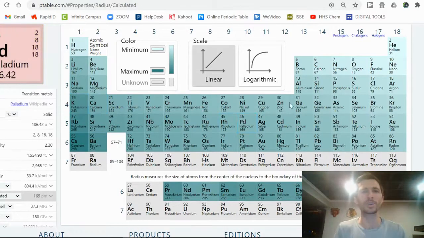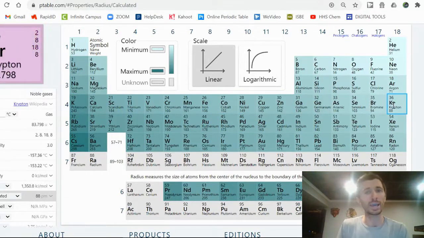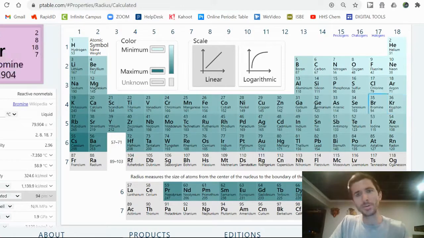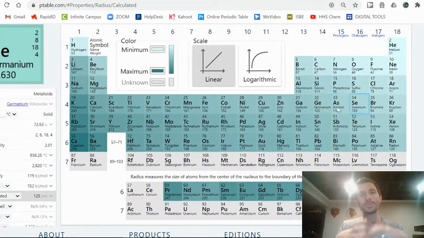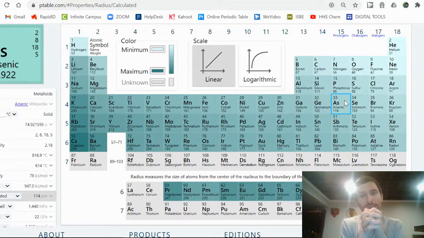That was kind of weird because you would think adding more electrons into your atom would make it bigger, but adding another electron in your atom also adds another proton, and protons are all congested in the nucleus.